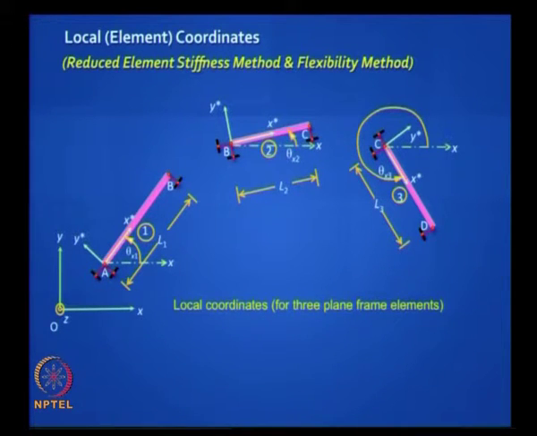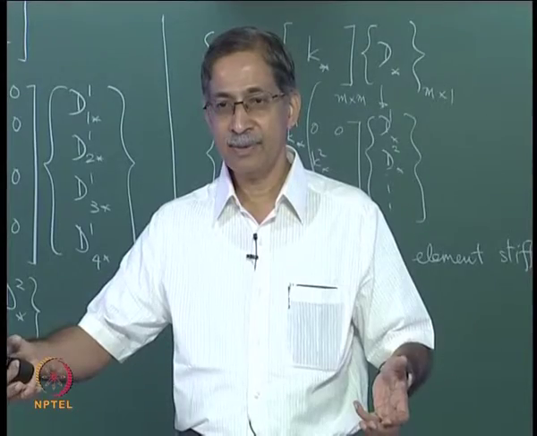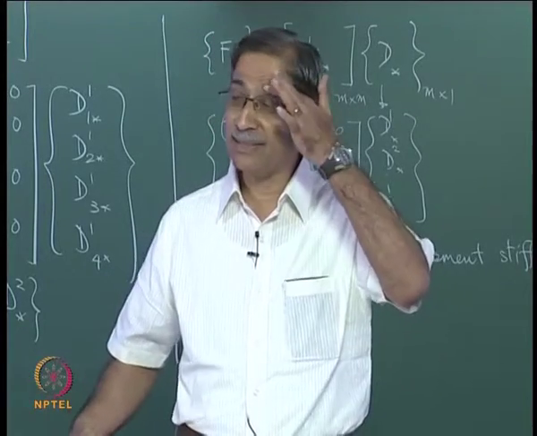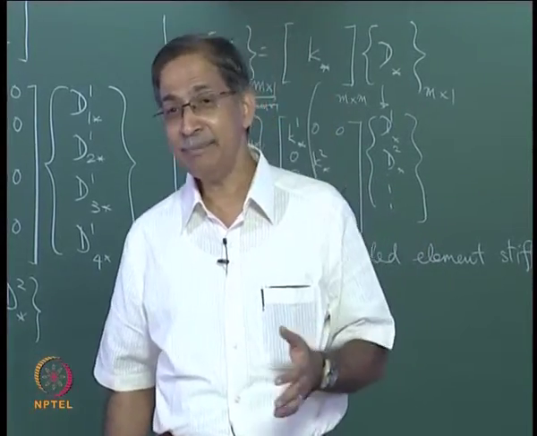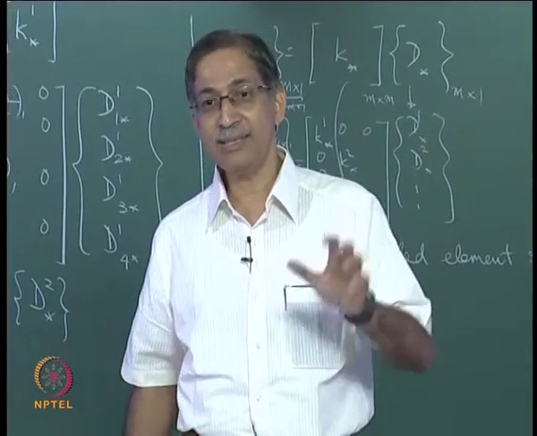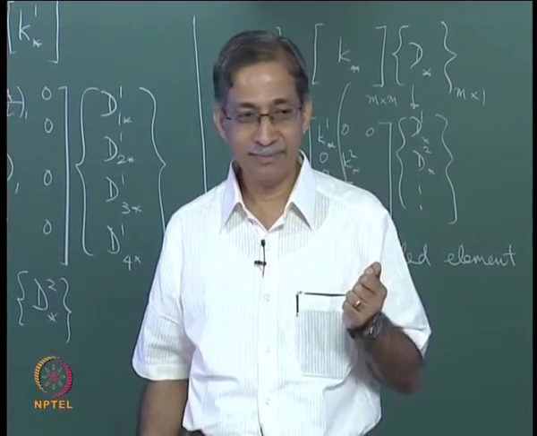How many do I get for each element? There is 1 for the axial degree of freedom, because I am not assuming inextensible. If I assume inextensible, that goes. So that is my 1. Then I have 2 rotations. So 1 star, 2 star, 3 star, much better than 1 star through 6 star.